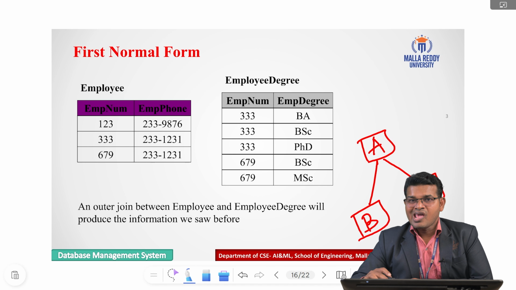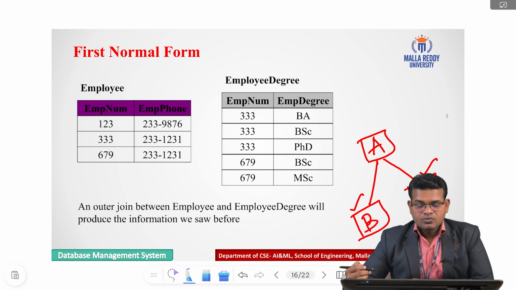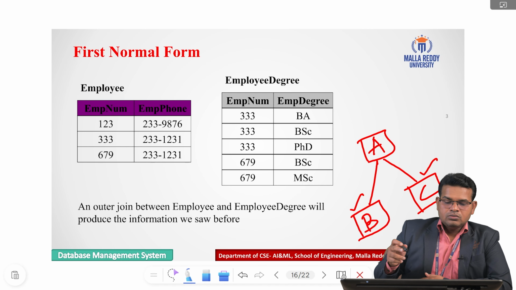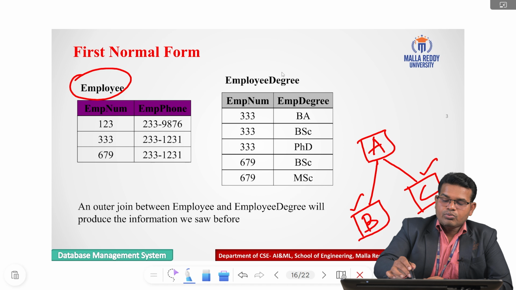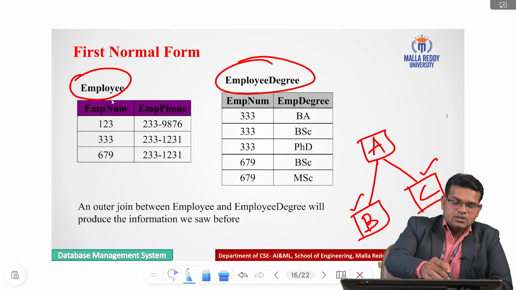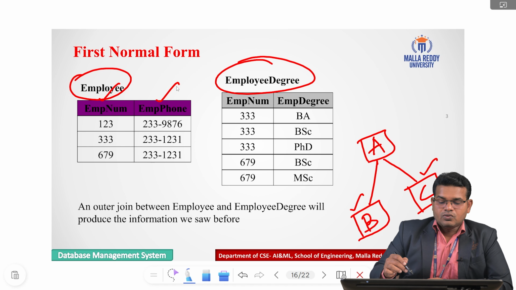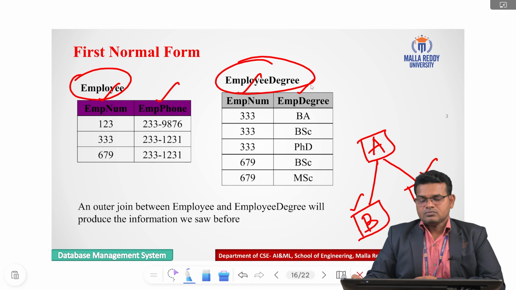So, a larger table A can be decomposed into smaller tables B and C, so that it will be transformed to another normal form. So, in order to achieve the first normal form, the employee table is divided into two smaller tables, employee and employee degree. Now, the employee table consists of employee number and his phone, and employee degree has employee number and employee degree.